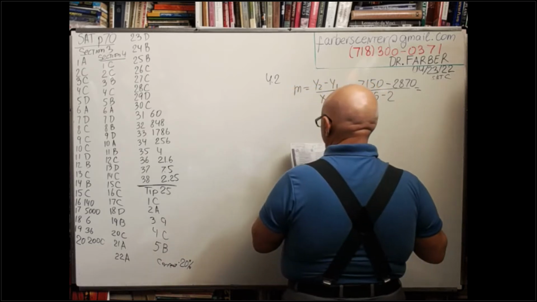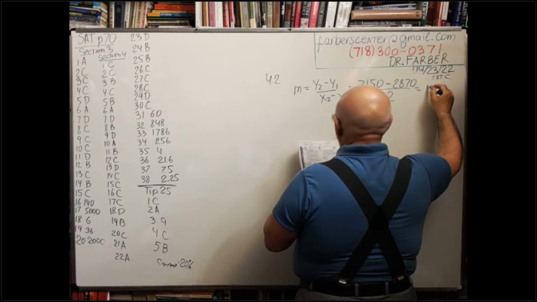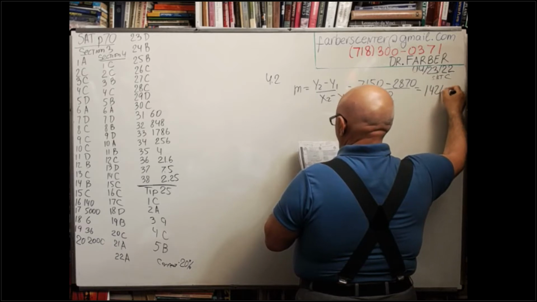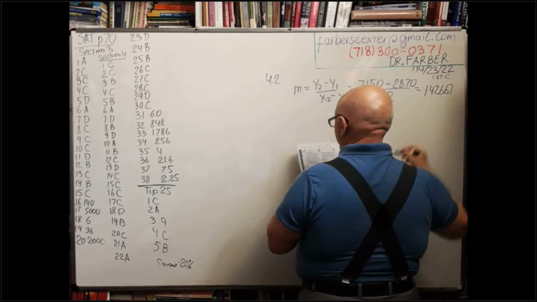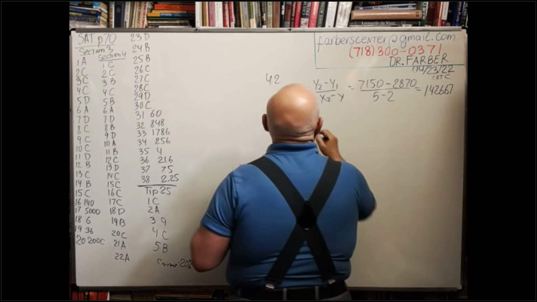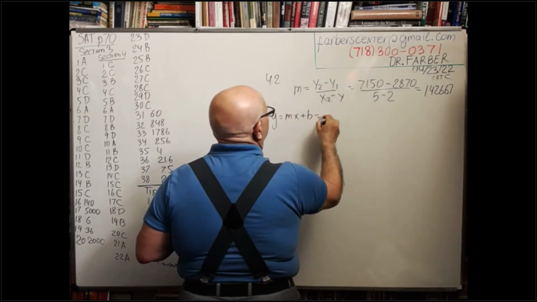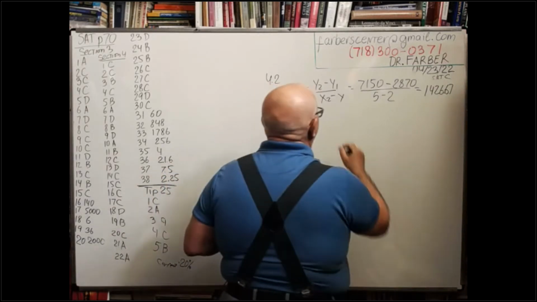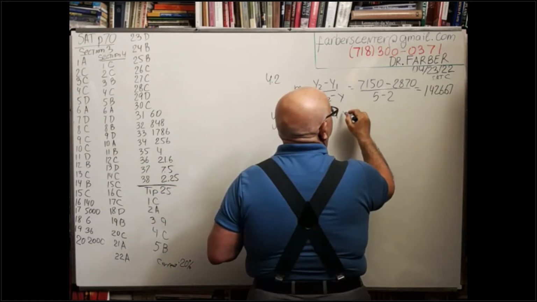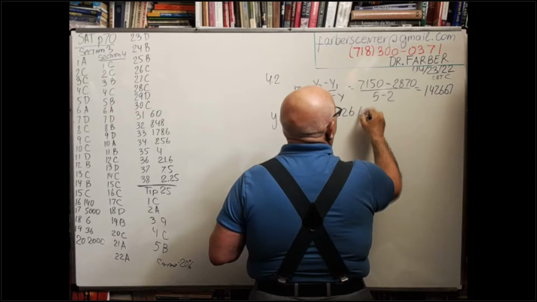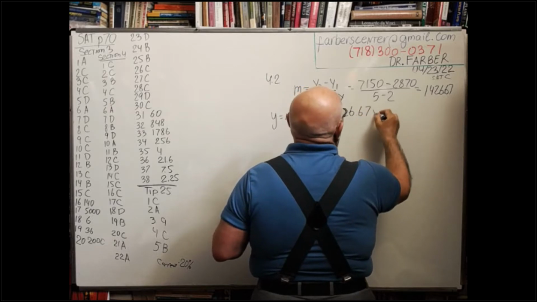Let me see what is my answer. M would be 1,426.67. And you can write the equation of a line, mx plus b, which is 1,426.67x plus b.